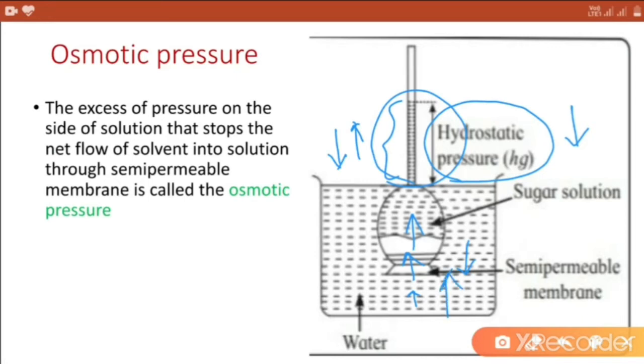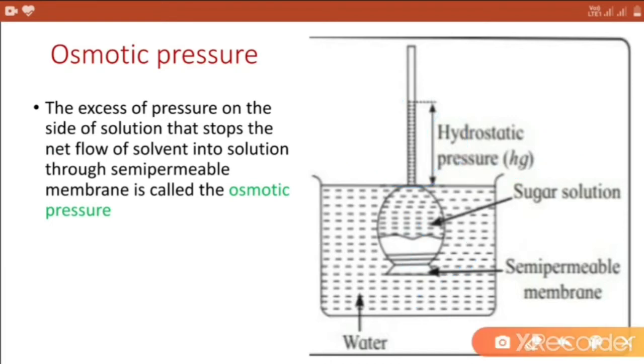Due to this equilibrium, the rates of forward and reverse passages are equal. The height of the liquid column in the tube remains constant, and the hydrostatic pressure has stopped the osmosis.